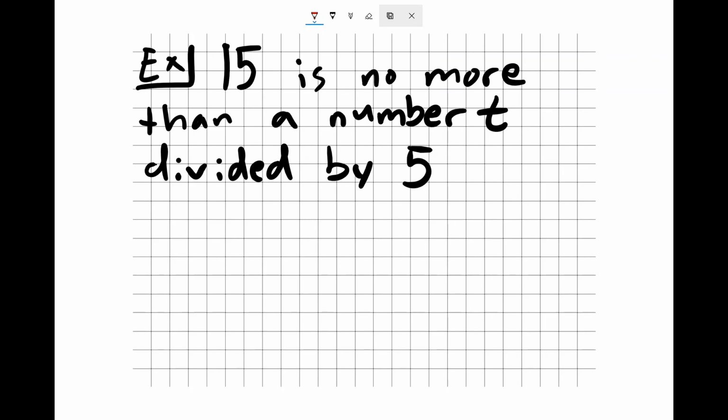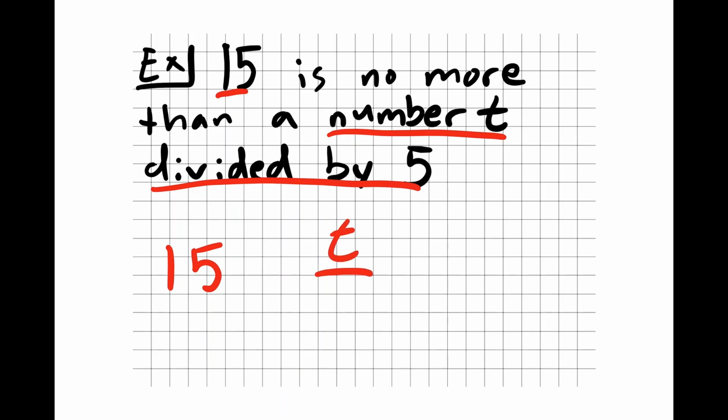Once again, you are now comparing 15 and a number t divided by 5. So let's translate that. You have 15, and then you have a number t divided by 5.